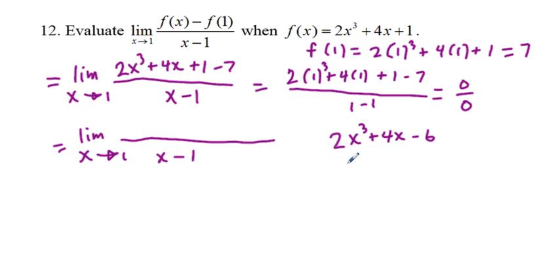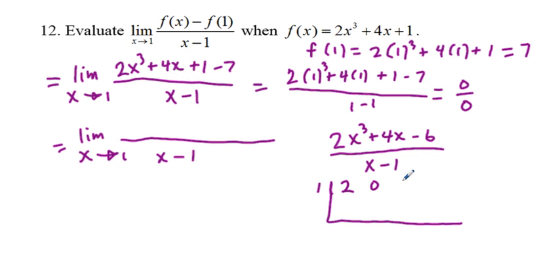Okay, so let's go ahead and divide this by x minus 1. This is a cubic polynomial. Well, for doing that, what I'm going to do is use synthetic division. You might remember that back from pre-calculus. We're going to put the 0 for this denominator, so we put 1 on the outside. So we have 2x cubed plus 0x squared plus 4x minus 6.